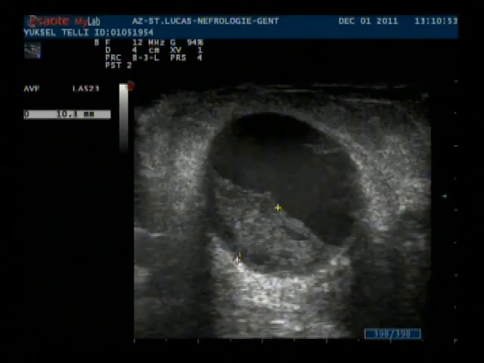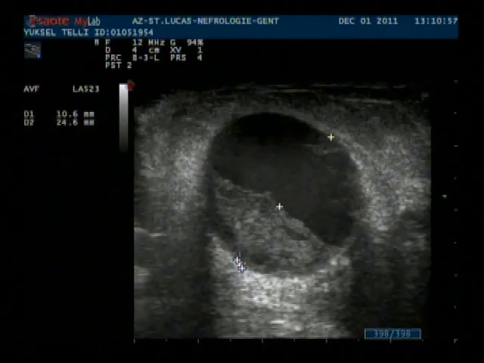And if we measure it, we can say that it's about a 40% stenosis, and the vein lies superficially.